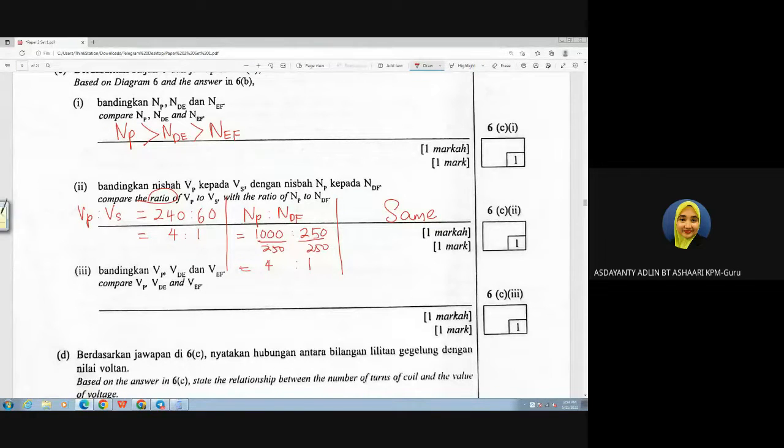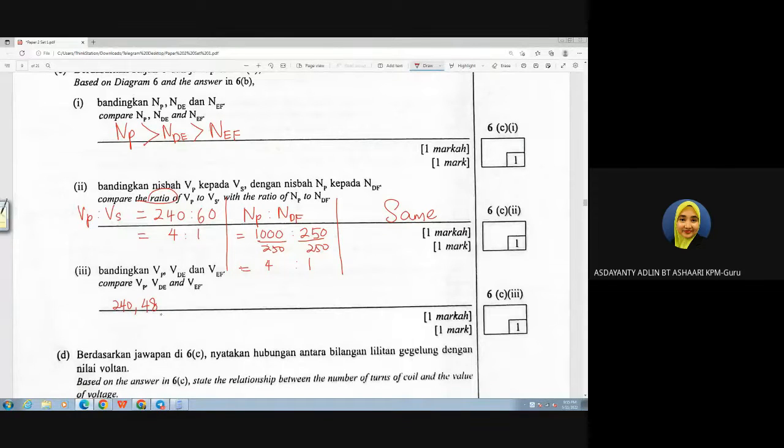Now compare VP, VDE and VEF. VP 240. VDE, D to E, was 48. In the diagram, D to E gives VDE 48.